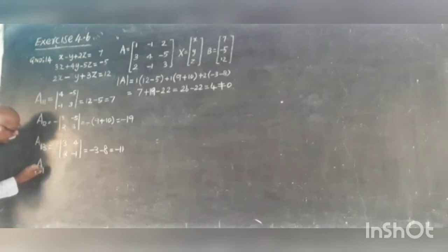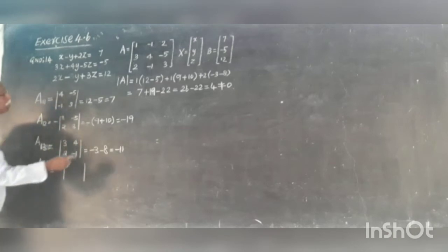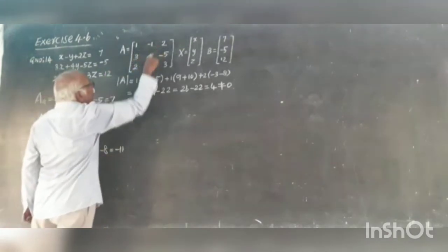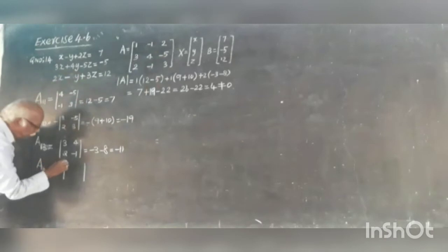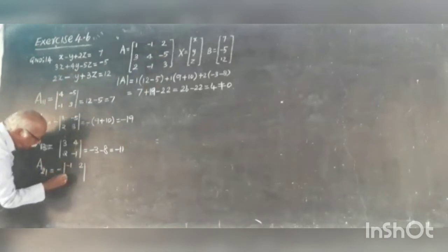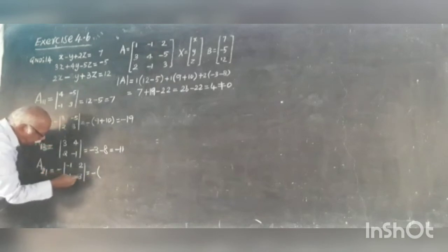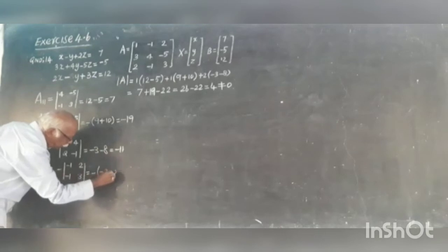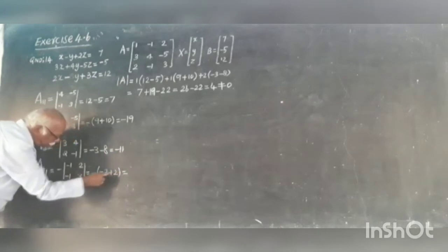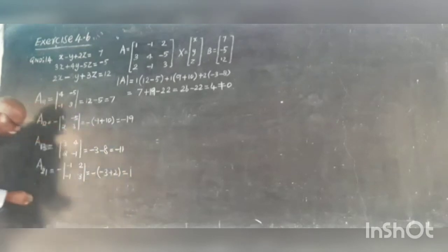A21 negative. A21: minus 1, 2, minus 1, 3. Minus of minus 1, minus 3. Minus 2 plus 2 is equal to minus 1. Minus into minus plus 1.